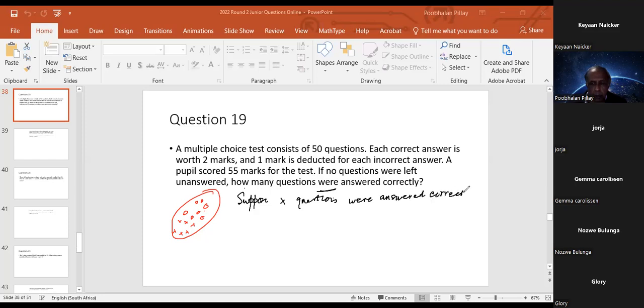And now we try to work towards an equation involving X so we can solve for it. That's a question. We were asked how many questions were answered correctly. If I know X, that is the answer.